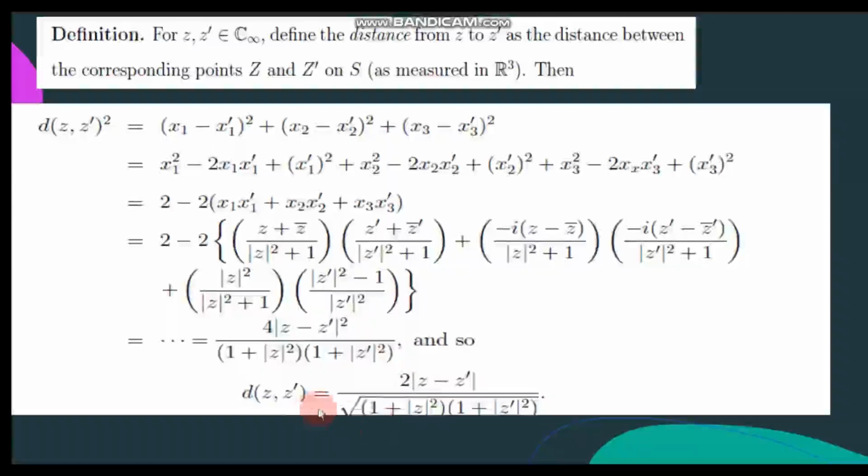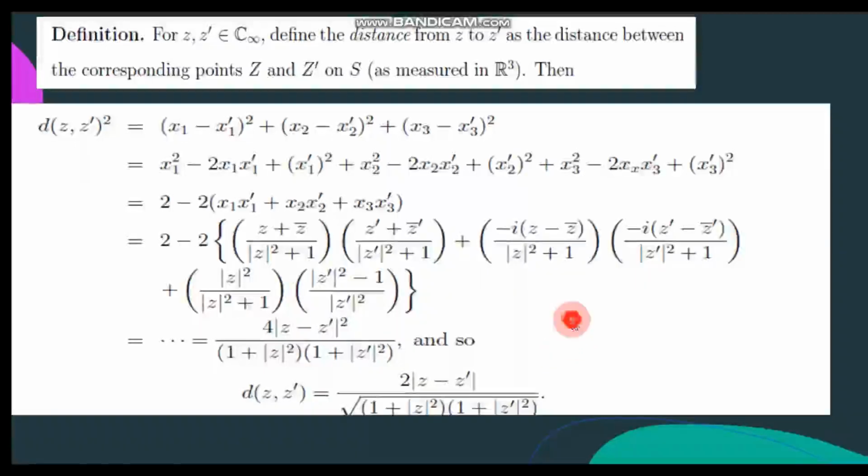So what is d(z, z dash)? z and z dash are points of C infinity, so it is equal to 2 into modulus of z minus z dash, which is the usual metric, divided by root of 1 plus modulus of z square into 1 plus modulus of z dash square.